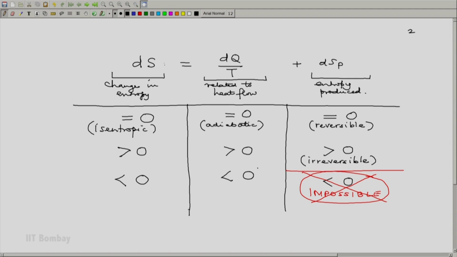However, going back to our relation, dS is related to dq plus dS_p. So if you decide to make any two of these three terms 0, the third will have to be 0. For example, if you make dS 0 and dq 0, dS_p has to be 0. If you make dq 0 and dS_p also 0, that means dS also is 0. So what does it mean?